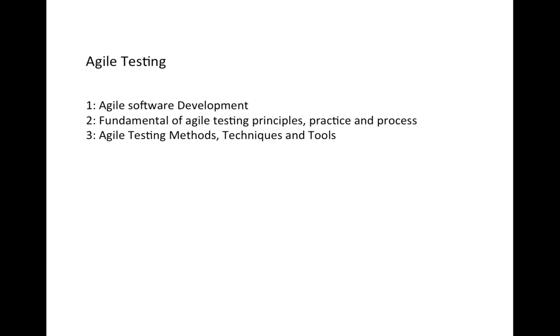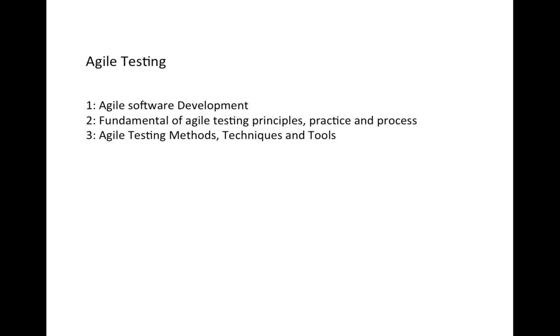I have prepared a few slides which can give a bit of a hint about the whole tutorial. As you can see, there are three big parts of agile testing. One is agile software development, then the fundamentals of agile testing: principles, practice and processes, and the third is agile testing methods, techniques and tools.